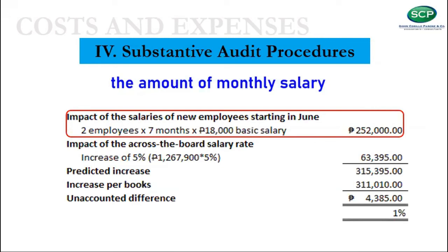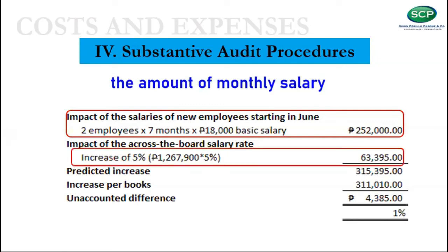Let's assume that the company records the 13-month pay separately from the payroll account, kaya 7 months lang kasi hindi 8, hindi natin sinasama yung 13-month pay. This will give us the product of 252,000 pesos.